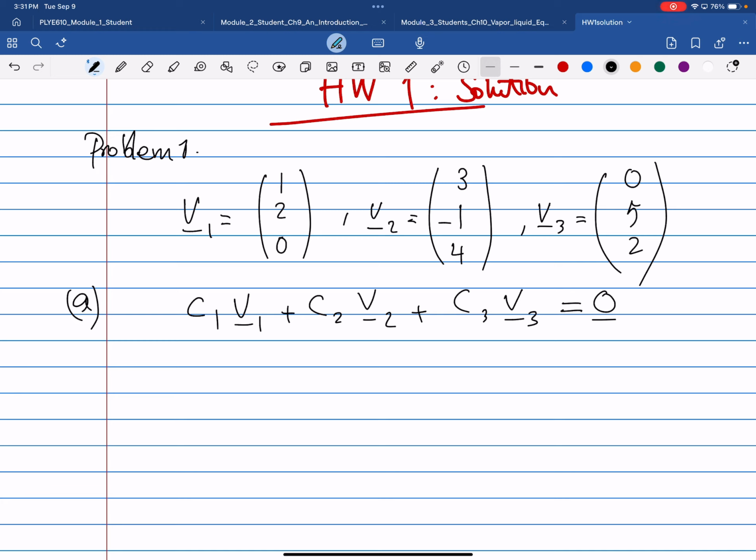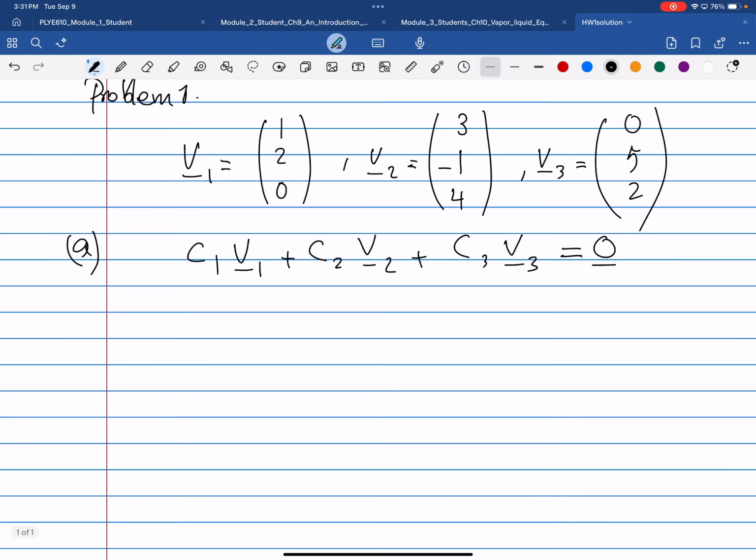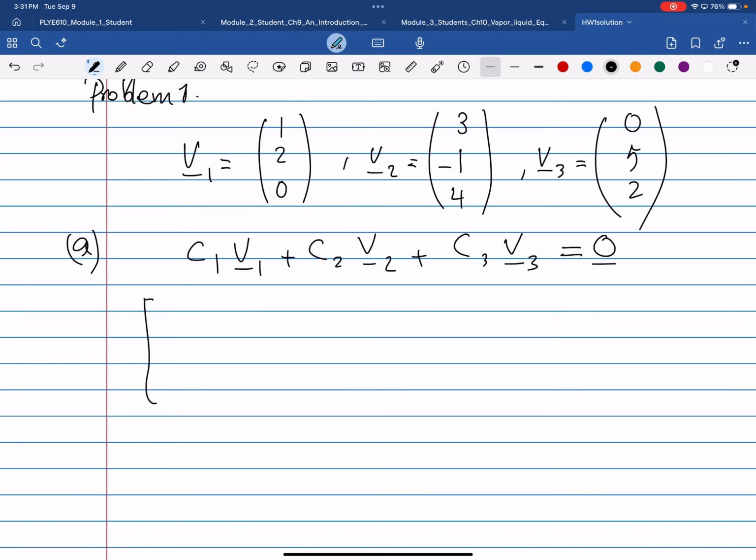So if I form this, and put all of these V vectors in a matrix, I'm forming this matrix 1, 2, 0, 3, minus 1, 4, 0, 5, 2. Let's call this matrix E.